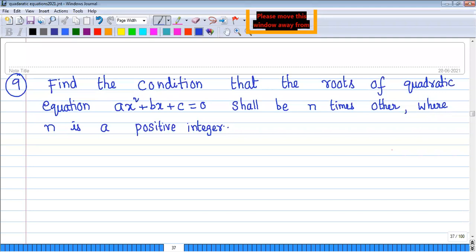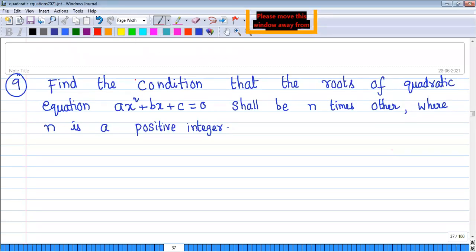That means if one root of ax square plus bx plus c is equal to 0 is n times the other, then find the condition, providing n is a positive integer. So first let me discuss this one. After that I shall move to the next one.